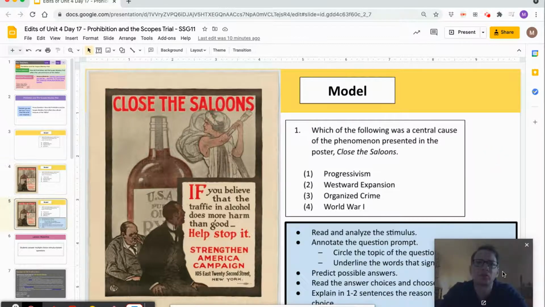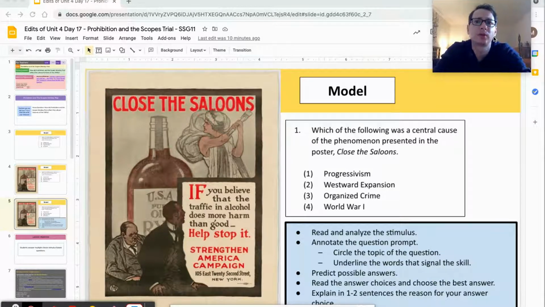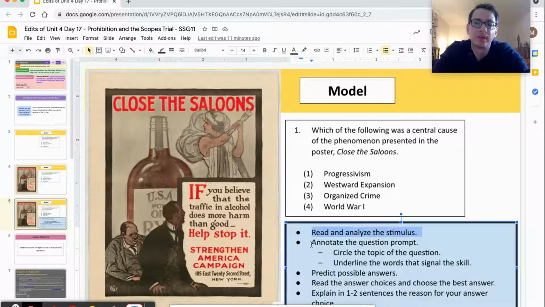There are lots of different strategies out there for how to do really well on questions such as these. However, many do have a lot in common, but sometimes the order that they want you to do them in might be a little different. But really, virtually all of them want you to analyze and read the stimulus, whatever it is, then annotate the question prompt looking for keywords that signify the topic as well as the skill that you're going to be demonstrating.